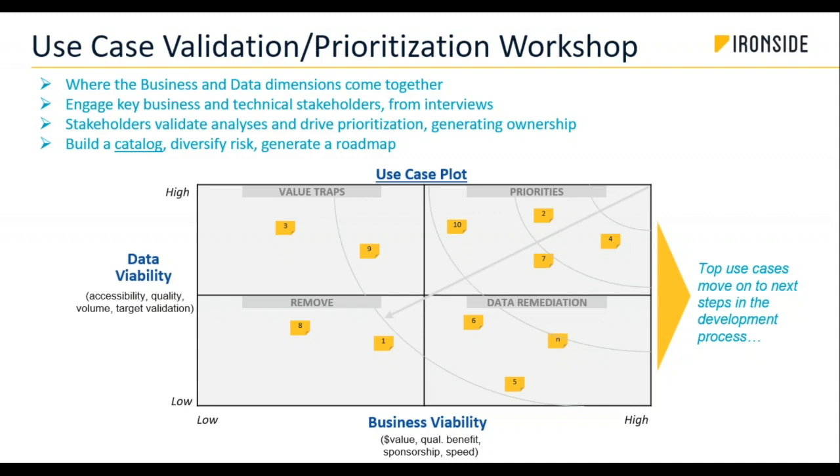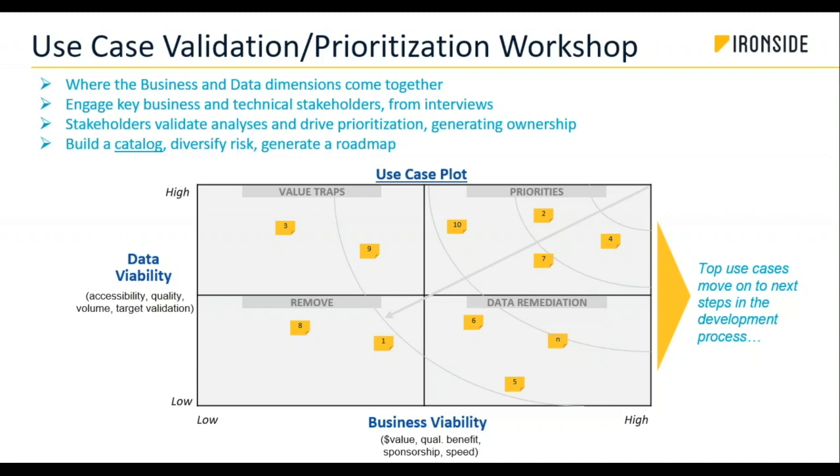So how do you do this? You do it in a workshop. You engage all those key business and technical stakeholders from the interviews that you had. You use the stakeholders to validate the analyses. They've spoken to you. They always wonder, in our experience, what became of that conversation I had with the consulting firm, or with my own business analysts? What was the outcome?